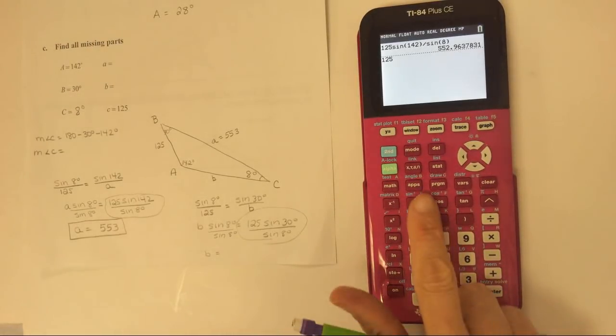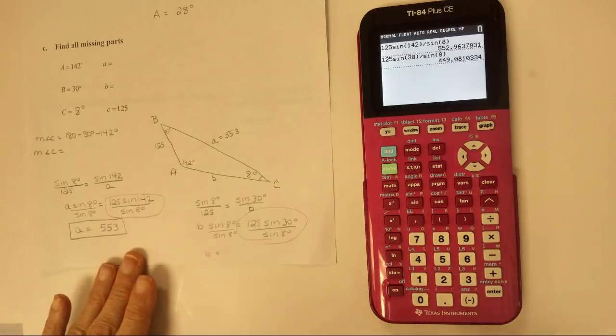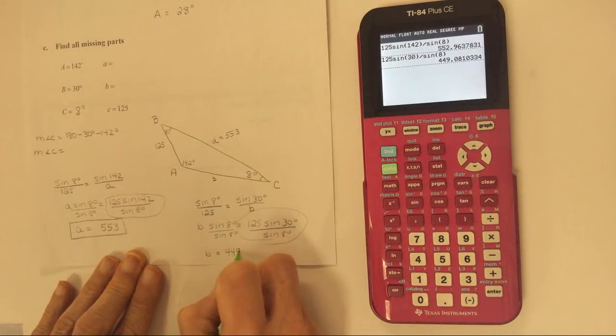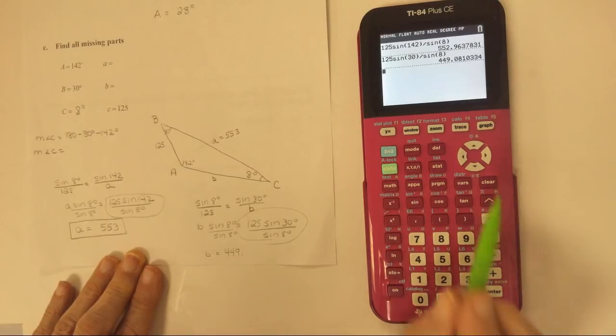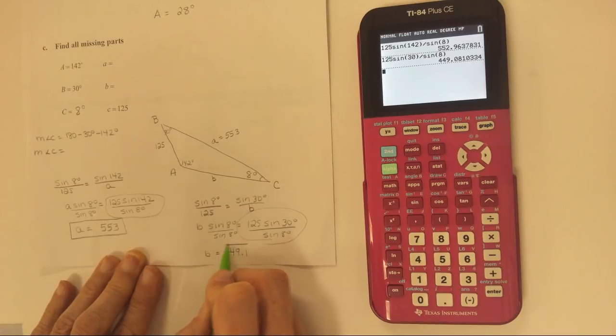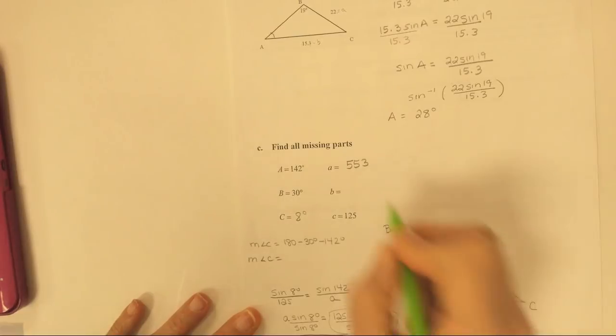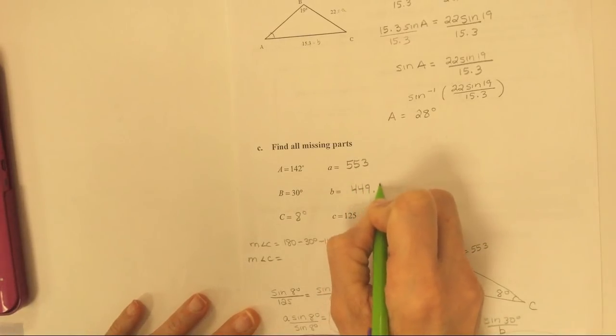So 125 sine of 30 degrees, close my parenthesis, divided by the sine of 8 degrees, close my parenthesis, and that will be 449, and if I round to the nearest tenth, that 8 right here will cause my 0 to go to a 1. So side B is 449.1. So then I have found all my missing parts. So this is 553, we said, from down here, and B is 449.1.